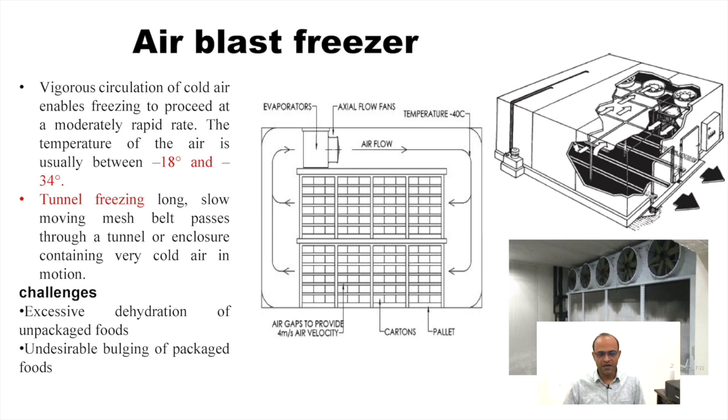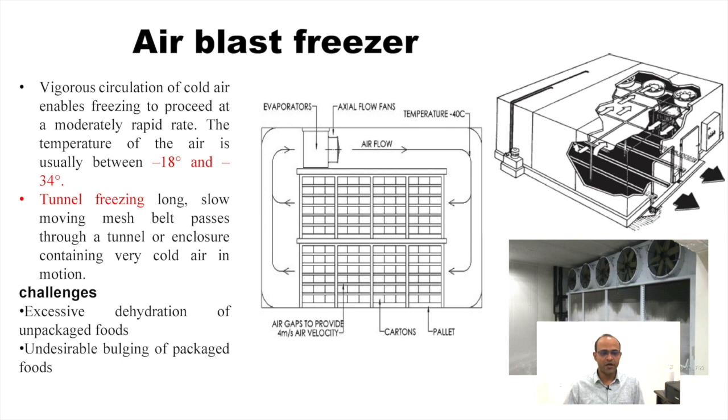This cold air is made to pass through the stacks, and it takes away the heat from the product. Hot air goes back into the evaporator, gets cooled, and this is how the process is continuous. This is a moderate freezing rate, with air from minus 18 to minus 34 degrees Celsius, but this is a batch type of process.